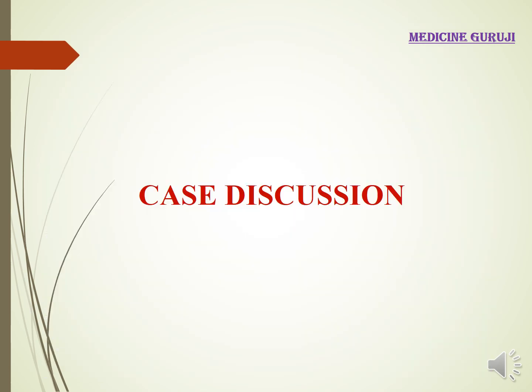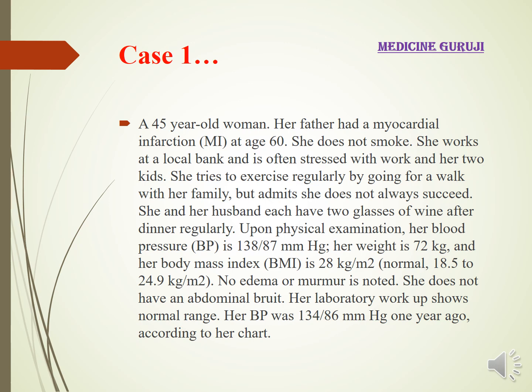Now compiling our topic, coming to a case discussion. Look at this case. This is the first case. A 45-year-old woman. Her father had a history of myocardial infarction at age 60. She does not smoke.